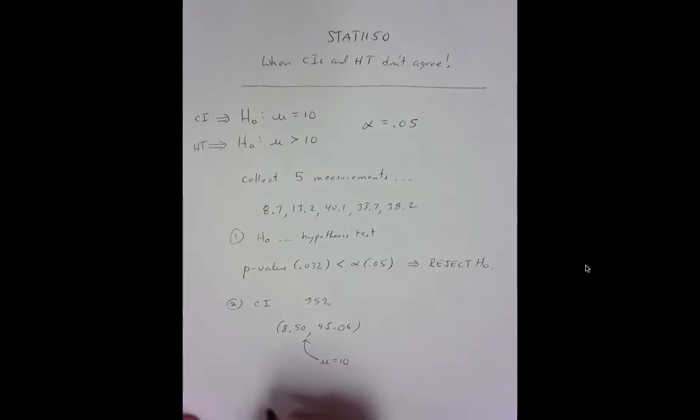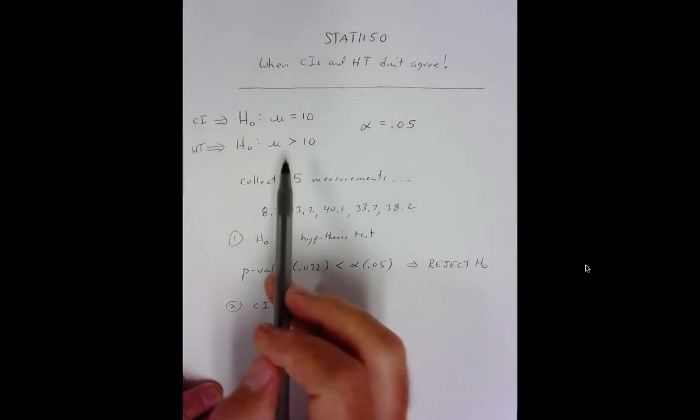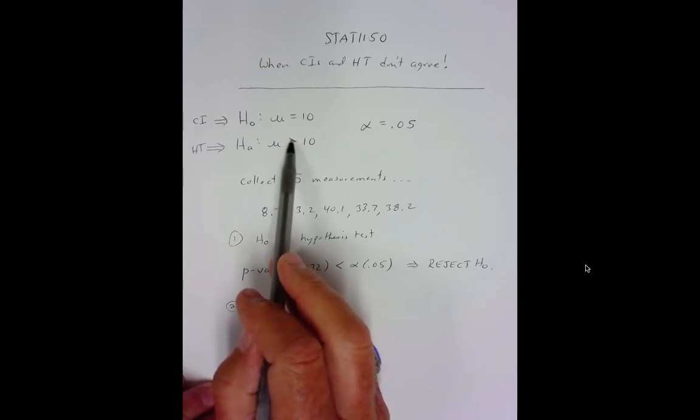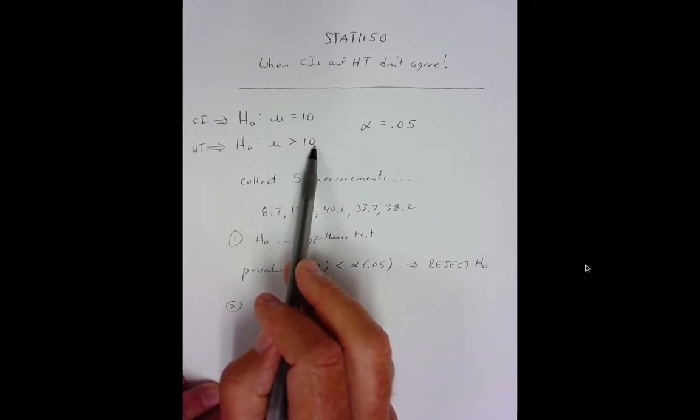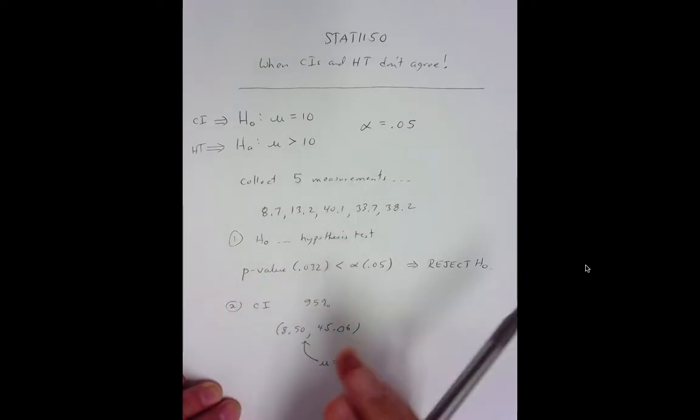Now, I want to show you this because this is something that happens, and it only happens in one situation. When we're conducting a greater than 10, we're conducting a one-tailed test, greater than or less than.